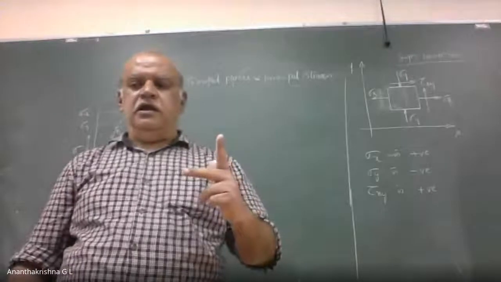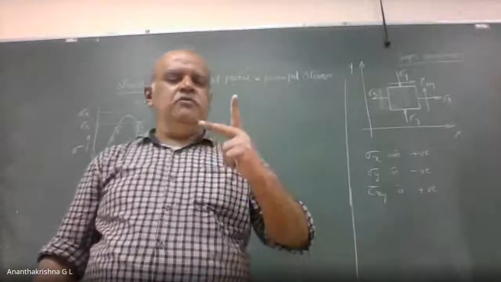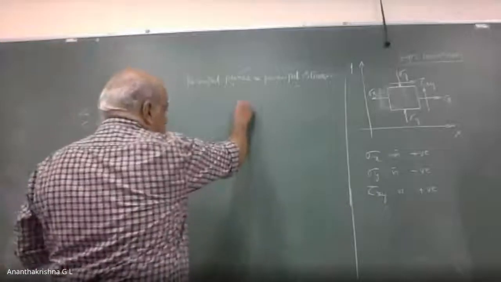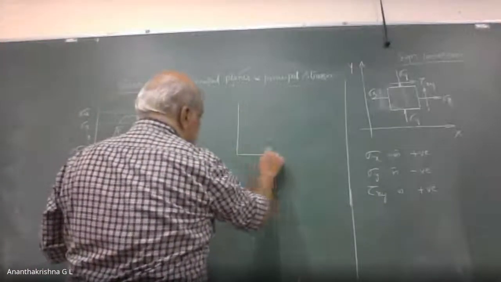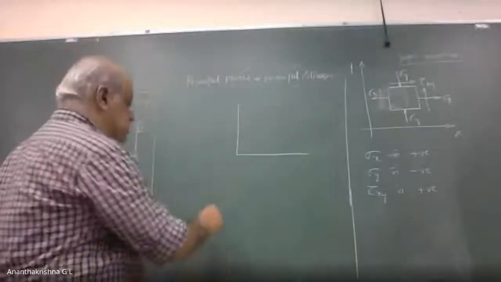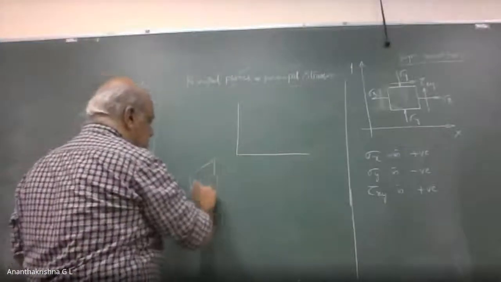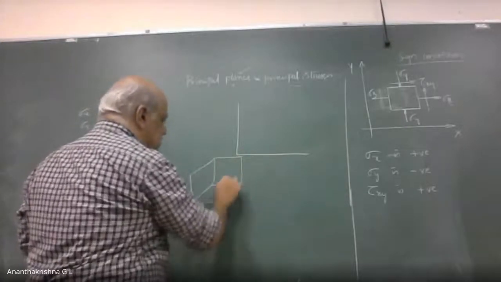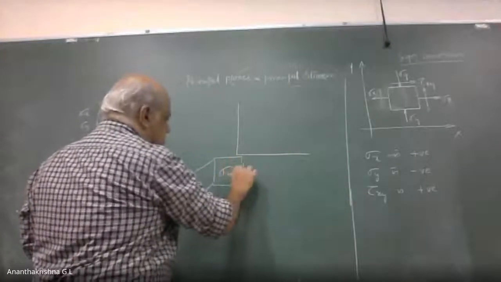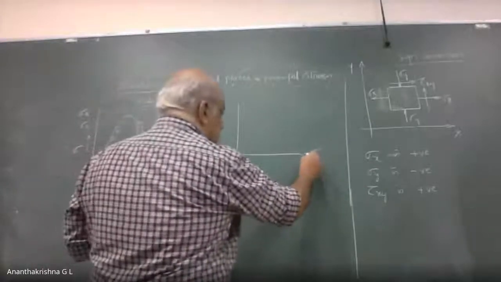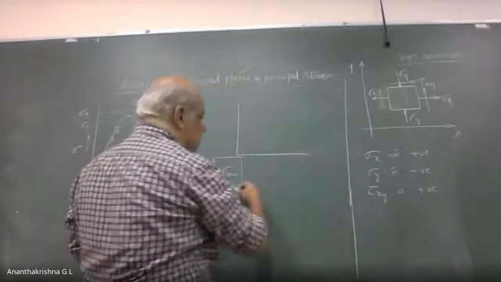Okay, so basically, when you take a member, you have three mutually perpendicular planes, as I said. One will give you maximum direct stress, another will give you minimum direct stress. So the planes are called the principal planes.